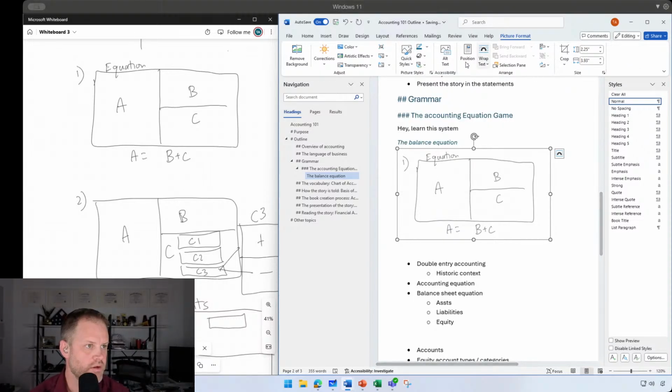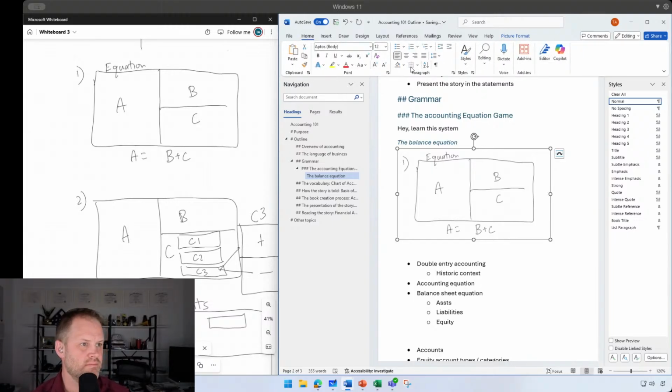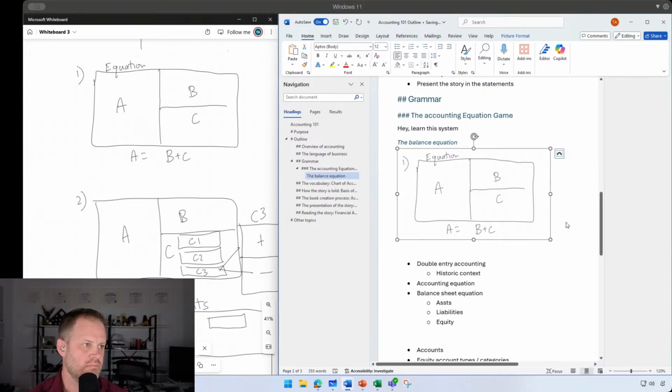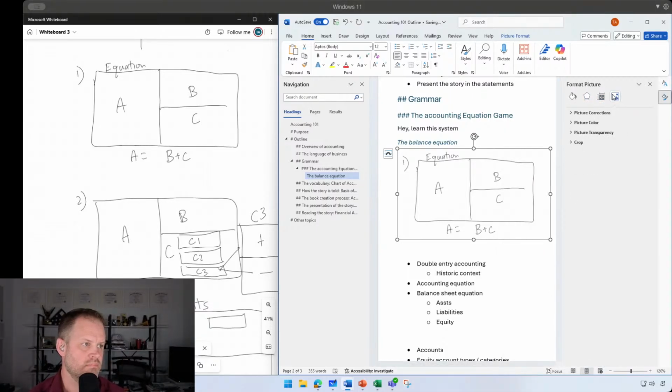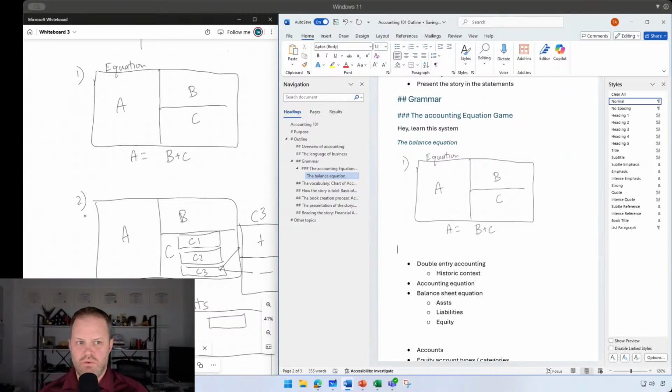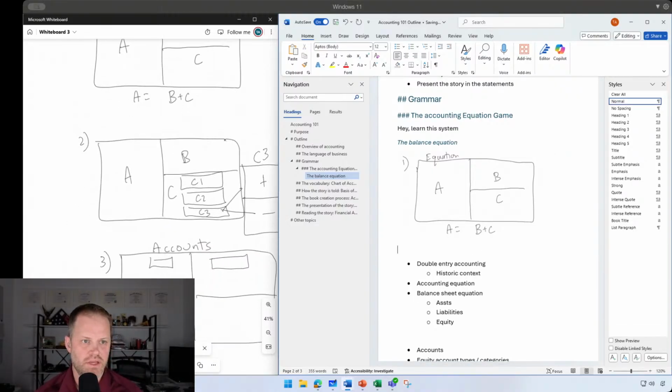I just want an outline around it. Too complicated. All right. So we talk about the balance sheet equation.